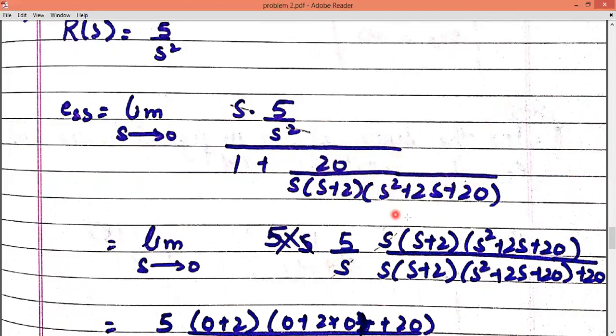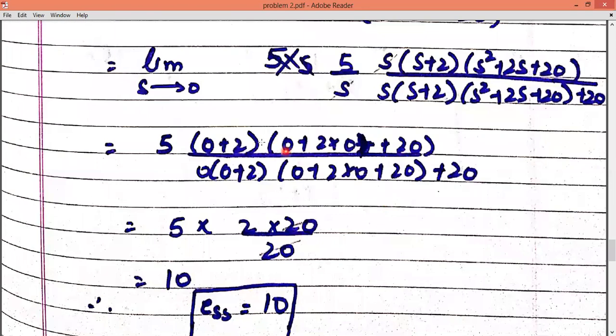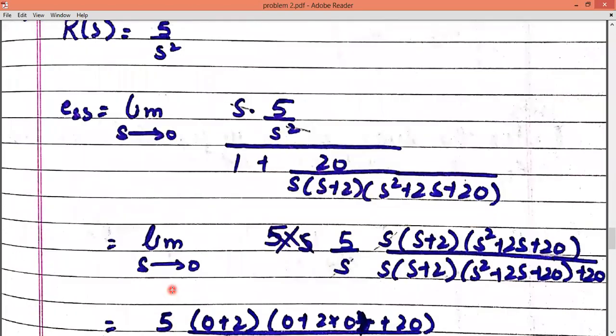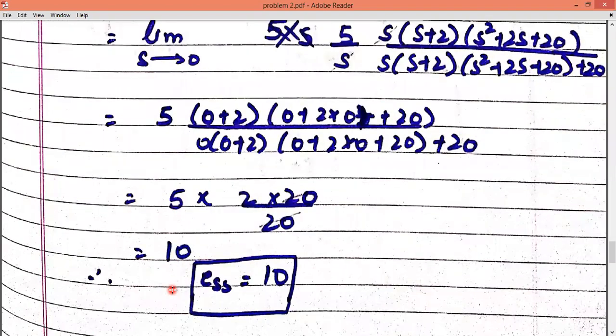This is just the simplification part, and the common things will be cancelled out, means s will be cancelled out here. Now after putting the limit, we'll get 10, means for the given signal r of t equals 5t, we will get steady state error 10.